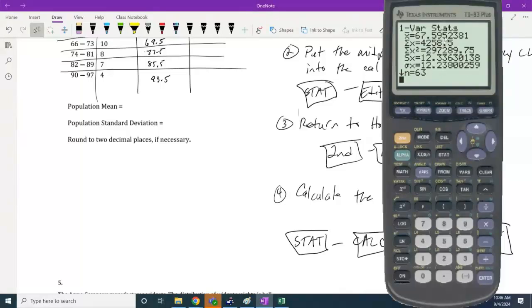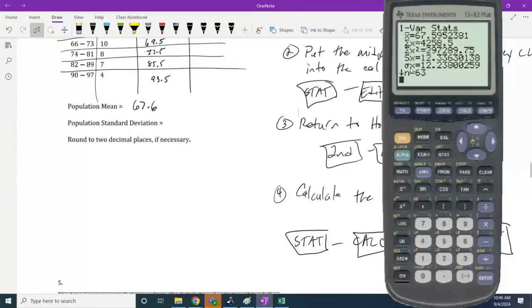If I look 1 number to the right, since that number is 5 or greater, I have to round my 9 up. So I should have 67.6. But just notice, from what I alluded to earlier, the population mean and the sample mean are the same, x bar. But the standard deviation is different.